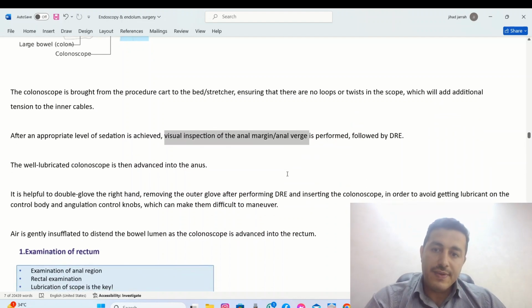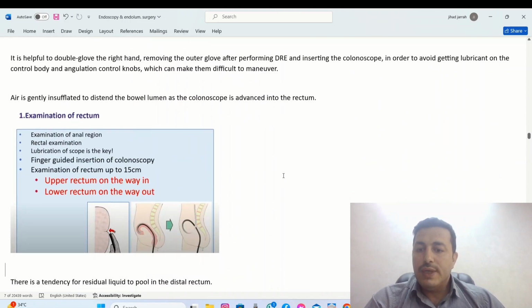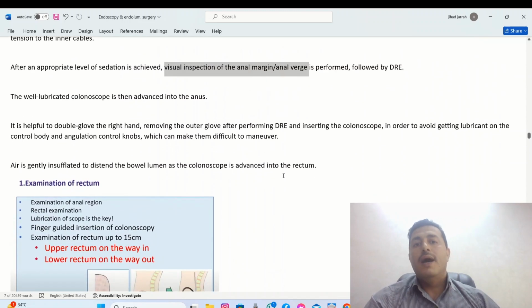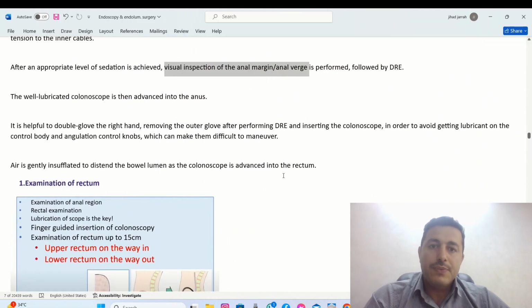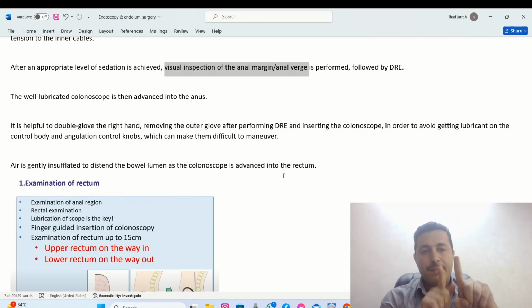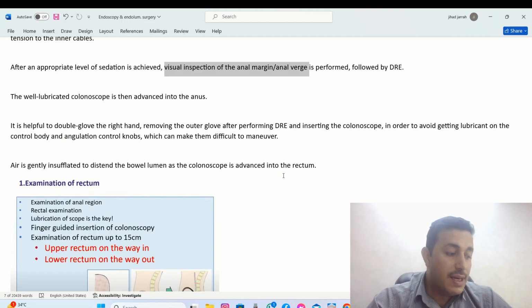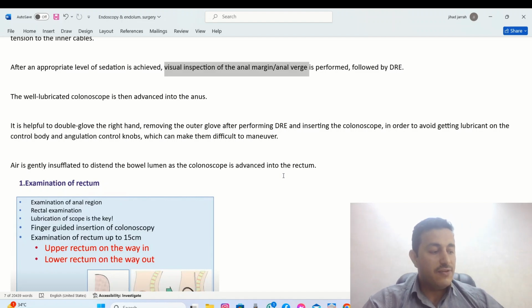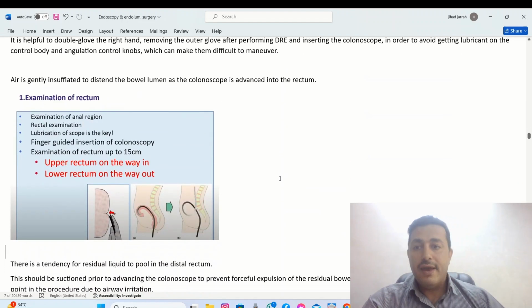Okay, and after that we insert the tip of the colonoscope by our right hand. It should be lubricated, the index finger usually with the tip of the colonoscope should be lubricated well, and when we reach the rectum we start to insufflate the air.